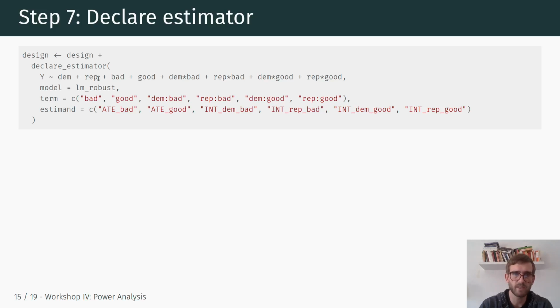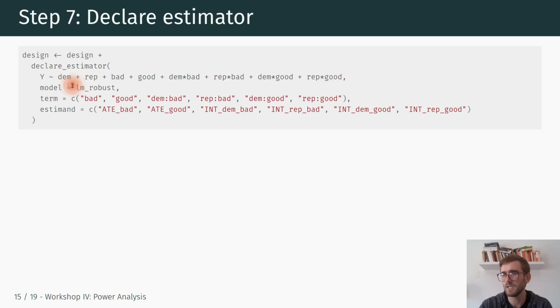So we're specifying a basic linear regression with these parameters that we already looked at, the interaction terms between partisanship as a pre-treatment covariate, and the treatment assignment, positive and negative framing of the handling of the COVID-19 pandemic.